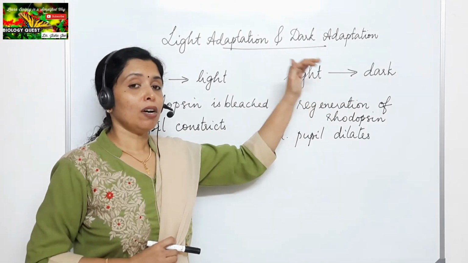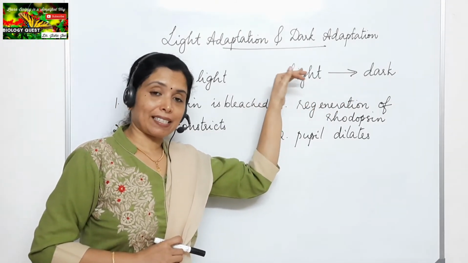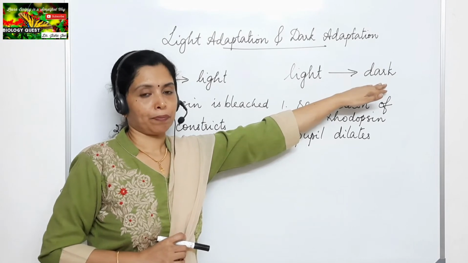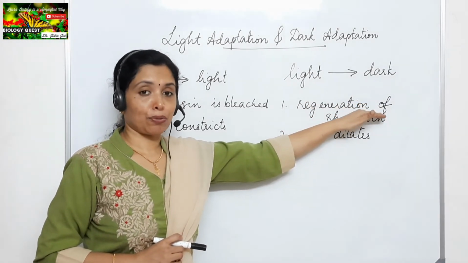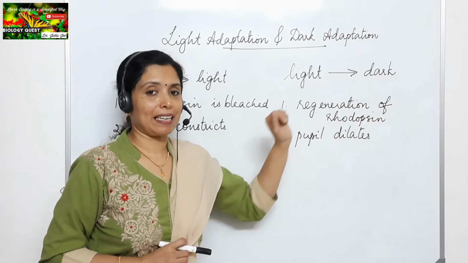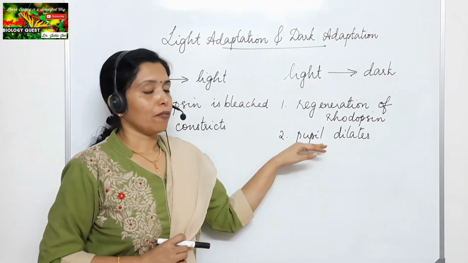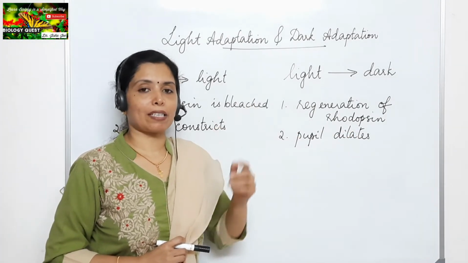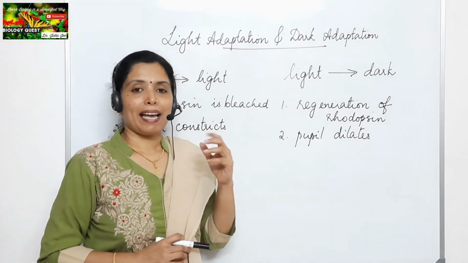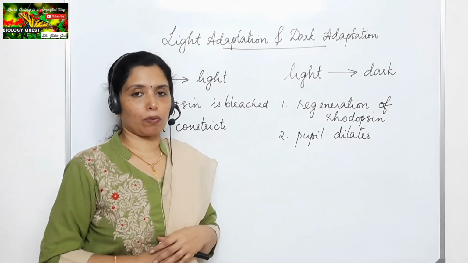When does it occur? When we move from a brightly lighted area to a dark room. What happens here? The rhodopsin should be regenerated to enable us to see in the dark. And second point, the pupil dilates so as to allow entry of more light into our eyes, which will help us to see in the dark room.